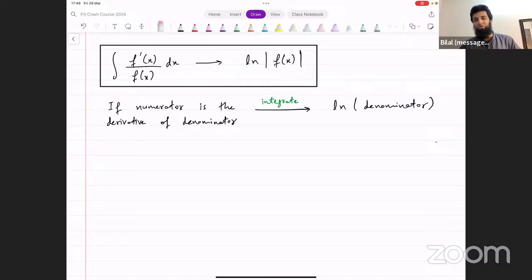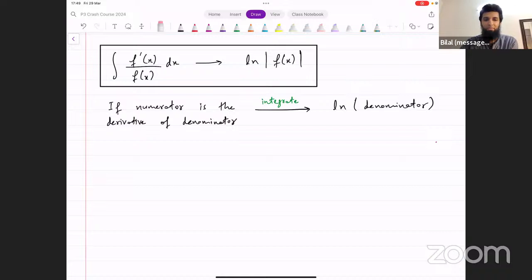Whenever you have a fraction in which the numerator is the derivative of the denominator, the integral of that is ln of the denominator. That's what the rule says.